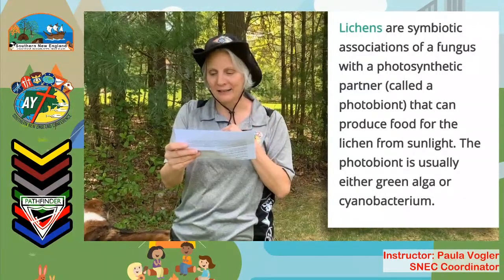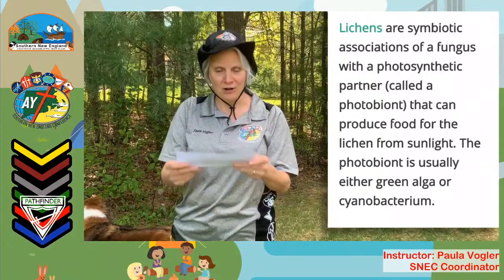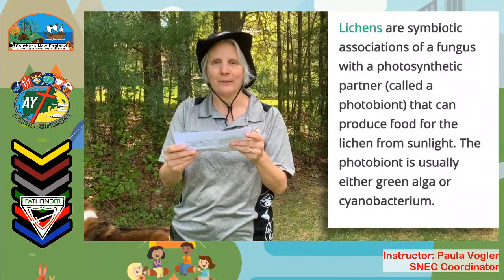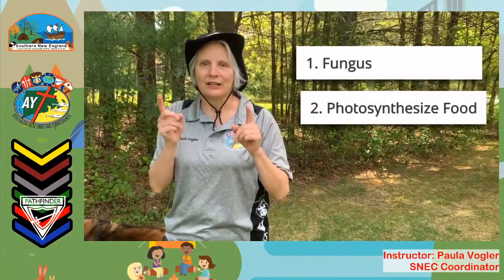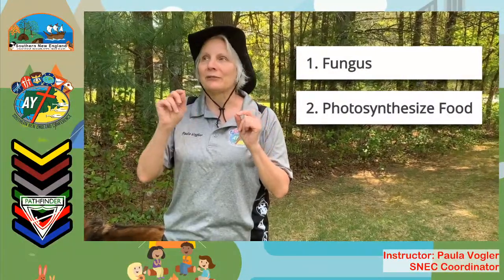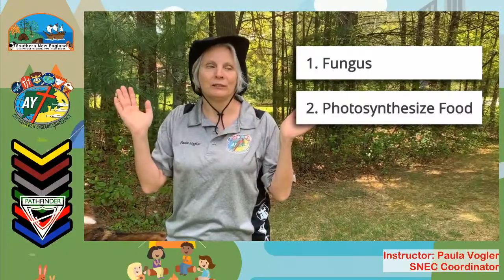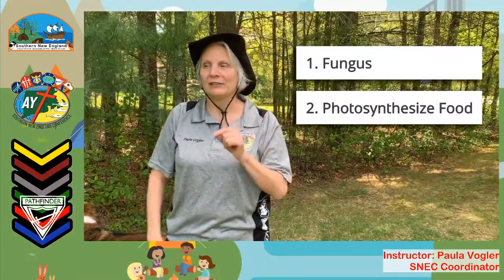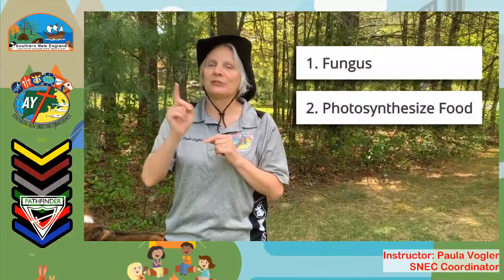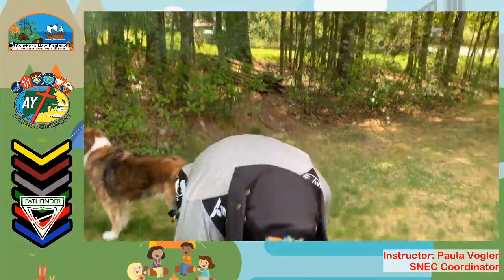The photobiont is usually either green algae or cyanobacterium. Yeah, useless. I don't know what those big words mean. So a lichen basically is a 2-part plant. It needs a friend. It's a fungus, and it's something else that helps it with photosynthesis, making food from sunlight. That's all you need to know.